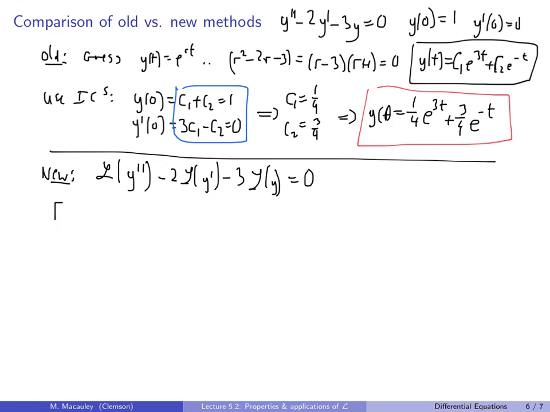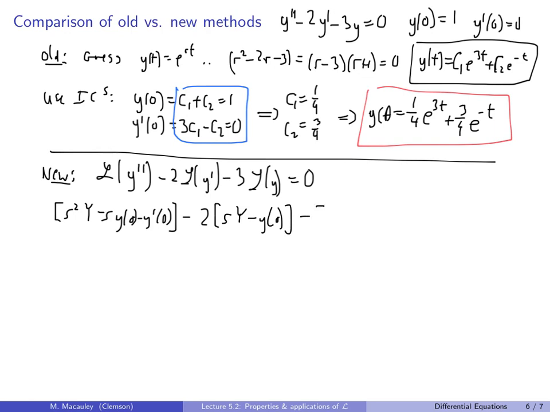And then we always write these things. So we simplify this. This is s squared Y minus s times y of 0 minus y prime of 0. This next one here is 2 times sY minus y of 0, and then minus 3Y equals 0.